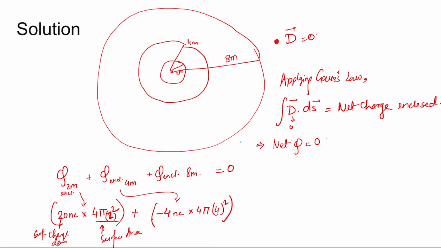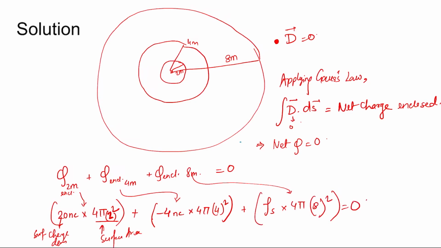For 4 meter it is coming, plus rho s, which needs to be determined, into 4 pi r. What is r for this sphere? r is 8 into 8. So this should be 0.